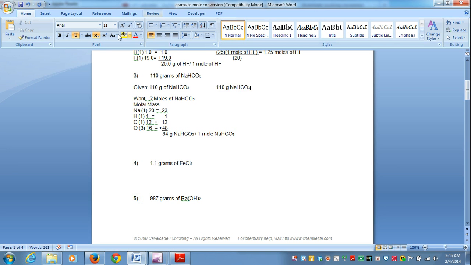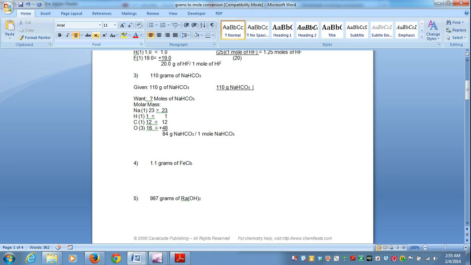Again, like the example before, we want to find the moles, so we're going to divide by the molar mass.